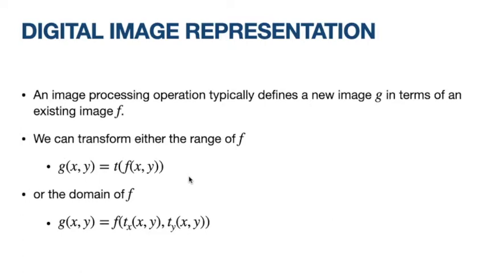Okay, so image processing defines a new image G in terms of an original or existing image F.